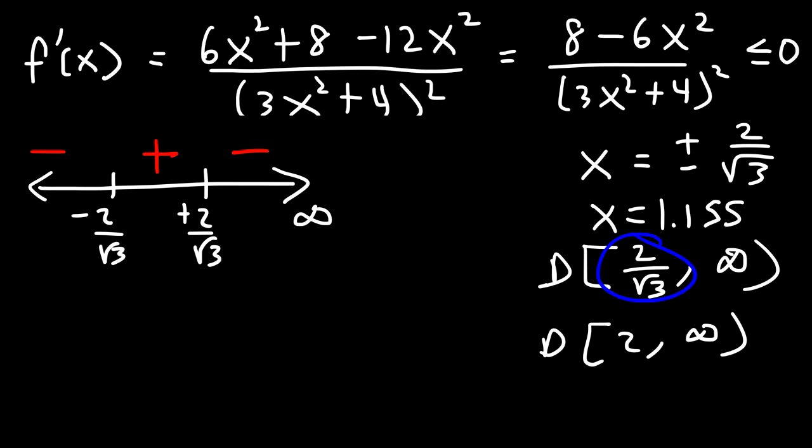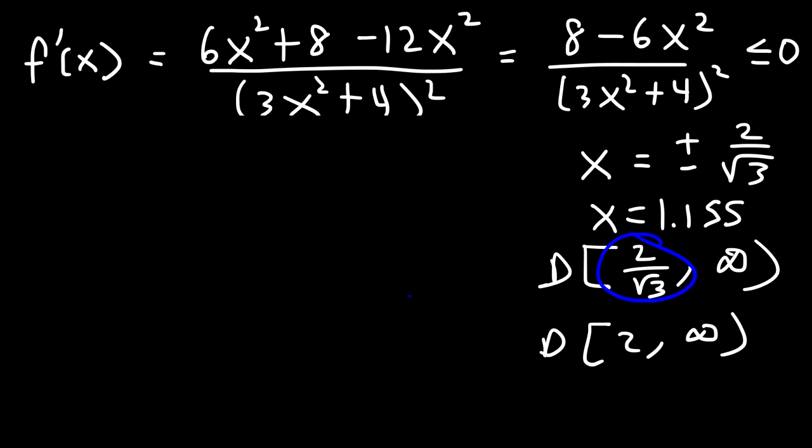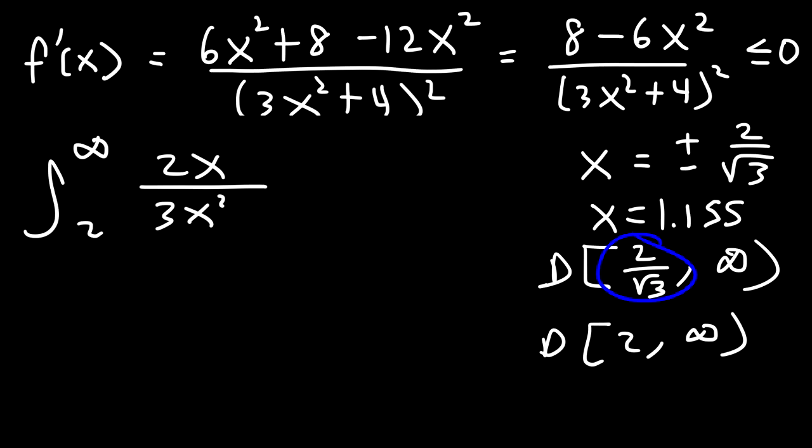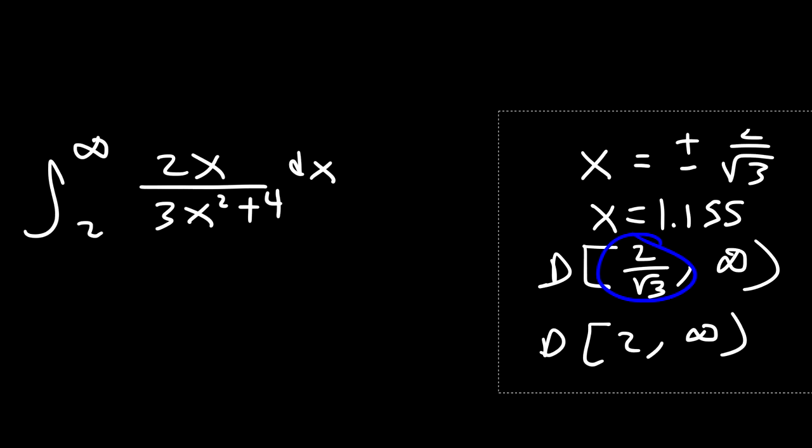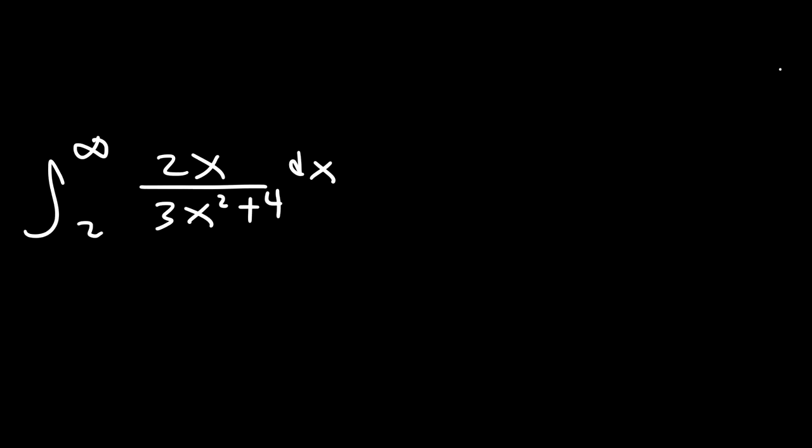So let's determine the integral from 2 to infinity, and let's see if it converges or diverges. So f of x is 2x over 3x squared plus 4. So let's use U-Substitution. We're going to make u equal to 3x squared plus 4, and so du is going to be 6x dx.